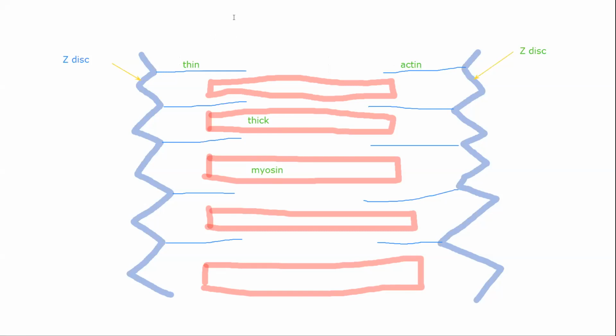Okay, now we need to draw in our boundaries. So, oh, actually, let's do that in pink. All right, so from there, and then there would be one over here. Actually, I'm going to draw thin filaments out this way too for the next sarcomere, and then draw one right here.